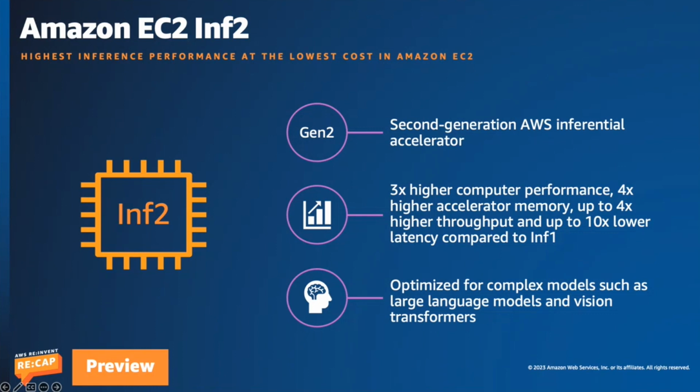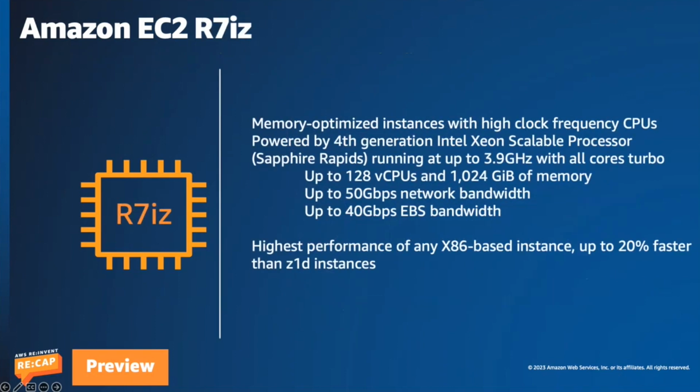So this EC2 instance is powered by up to 12 AWS Inferentia2 chips and may achieve 4 times higher throughput and up to 10 times lower latency compared to Inf1 instances. So this is something that is still in preview mode, but you may request access in case you want to use and experiment with this particular instance.